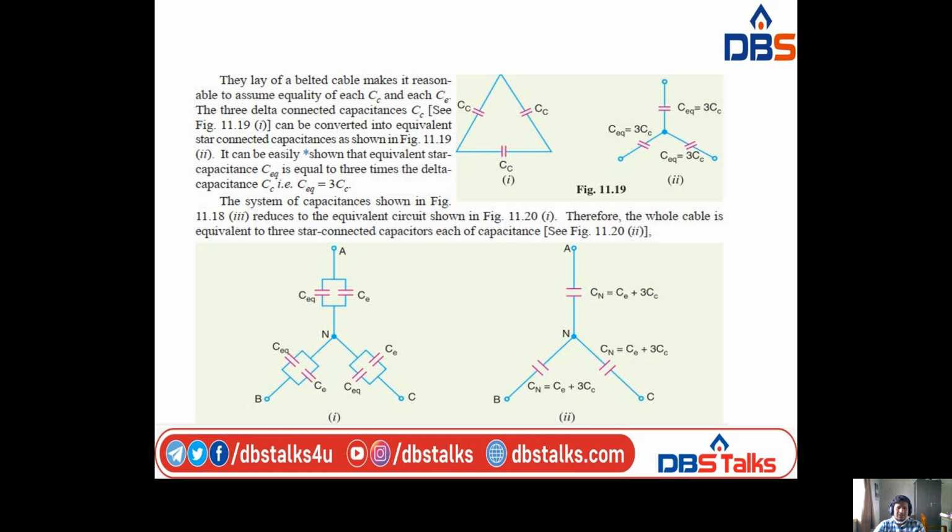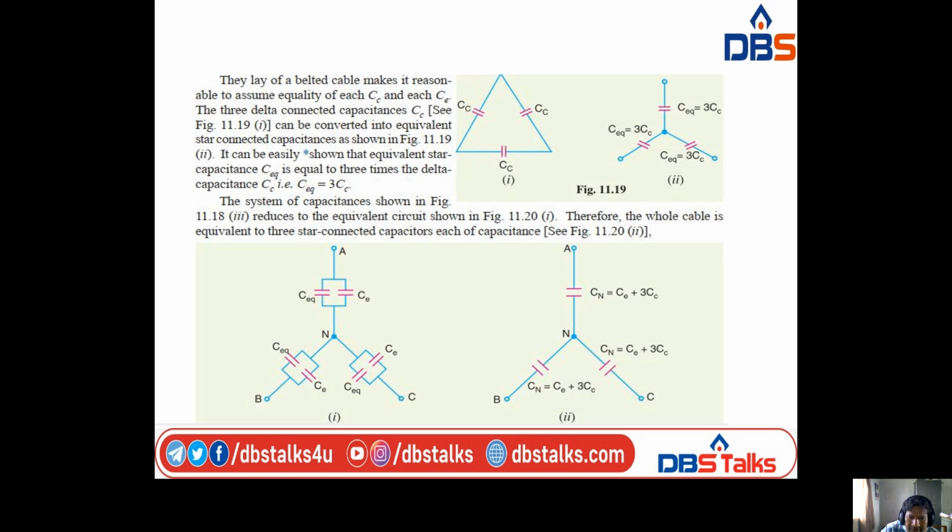It can easily be shown that the equivalent star capacitance C equivalent is equal to 3 times the delta capacitance CC, that is C equivalent equals 3 CC.